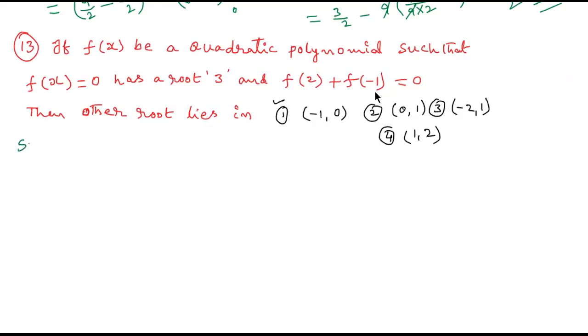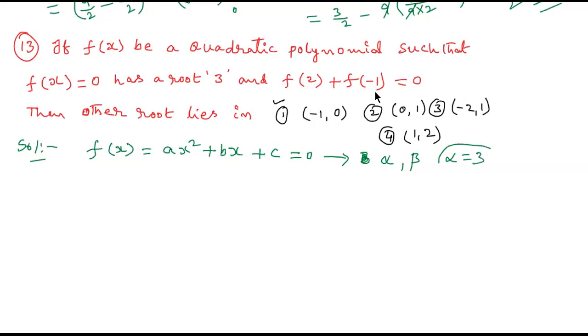Now here, take a quadratic polynomial f of x equal to ax square plus bx plus c equal to 0, a polynomial equation. This quadratic equation has roots, one is 3 and the other, take them as alpha and beta. Suppose the two roots are alpha and beta, where one root is already given, alpha is 3. Now we need to find the beta value.